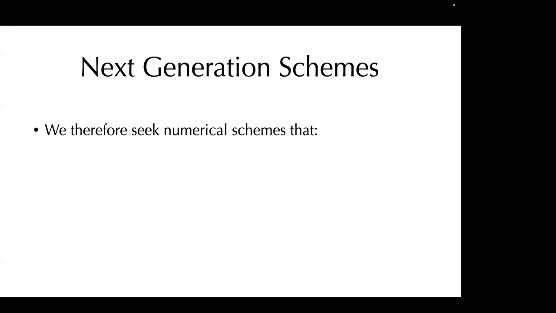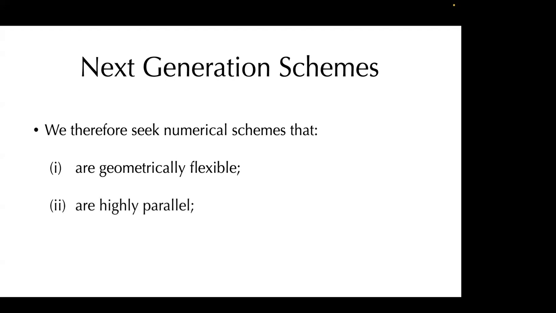So, what we need are newer schemes. In particular, we need schemes which are geometrically flexible, because if you want to be useful in the context of industrial flows, you need to be able to simulate around complex geometries. Secondly, the schemes have to be highly parallel, because computers today, especially GPUs, are extremely parallel.